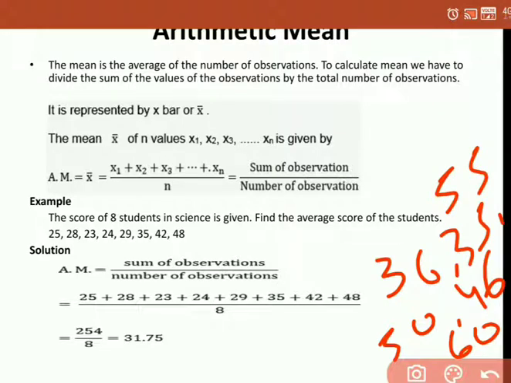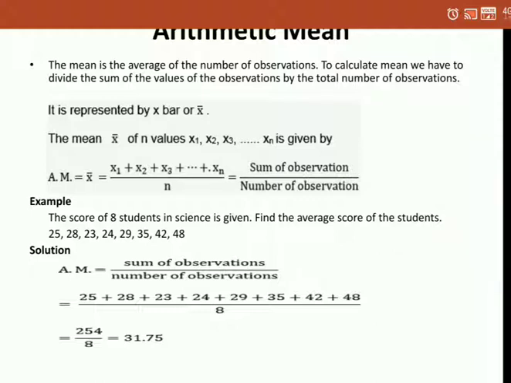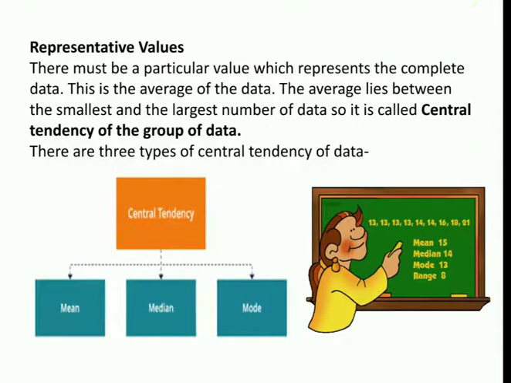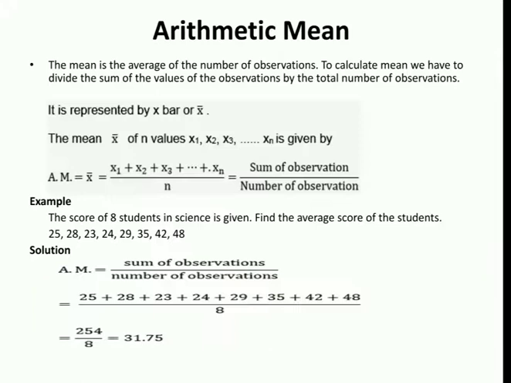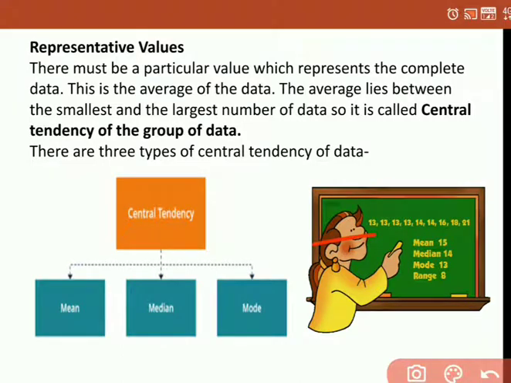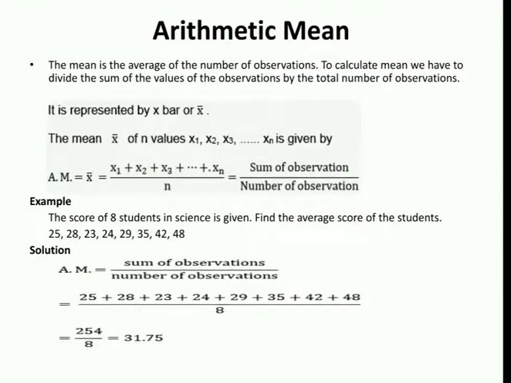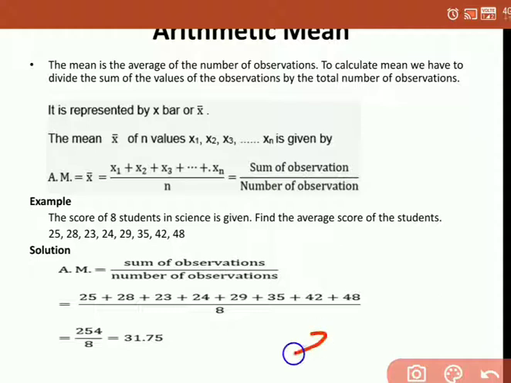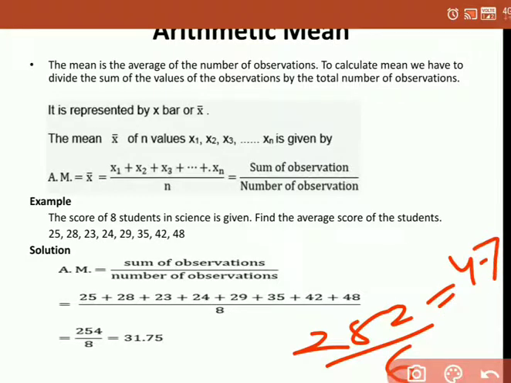We'll add all, and as we add, we get the total of 282. Total 6 innings are there, so divide by 6, and we will get 47 as our mean score.